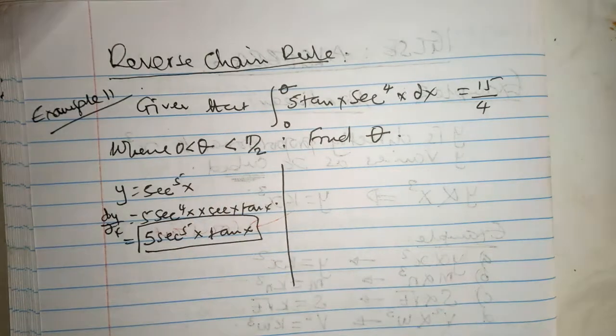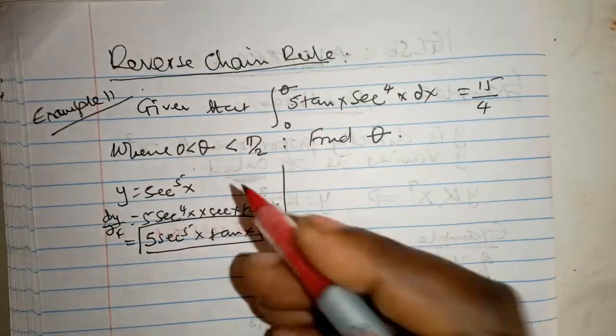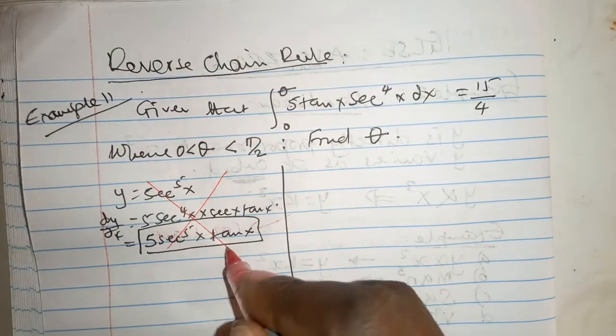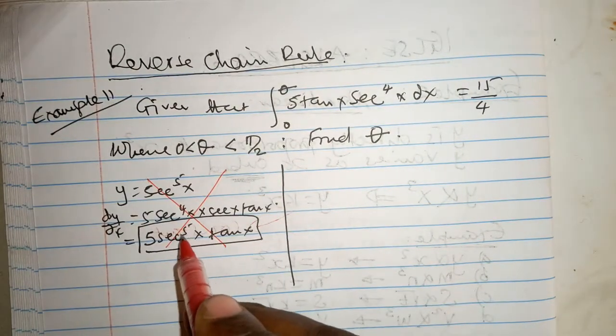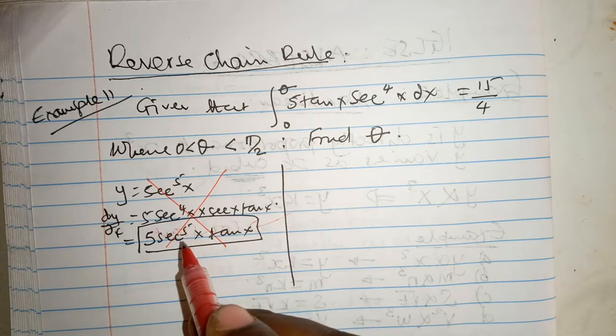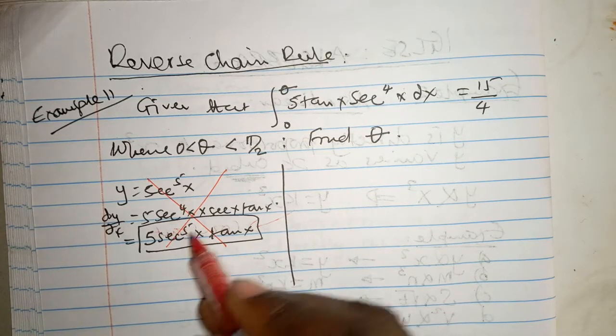So this approach was wrong because it gives us something with power 5, and we need power 4.